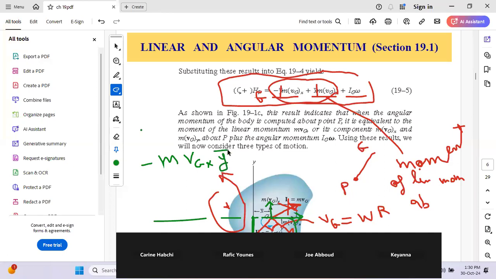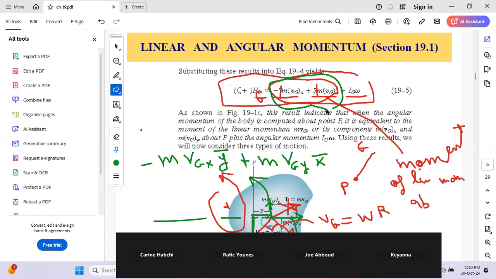Now, if you consider m VGy, the moment is counterclockwise, so it's positive. So plus m VGy times the distance between the line of action of m VGy and P, which is x bar. So times x bar. So this term represents physically the moment of the linear momentum about point P.